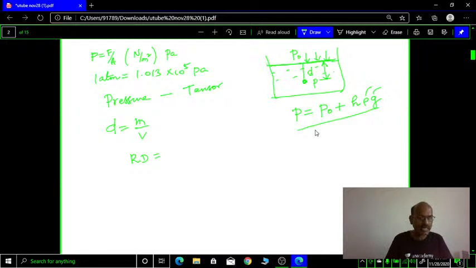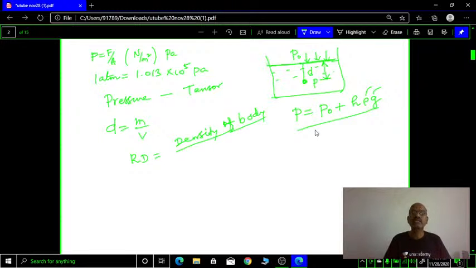Another name for relative density is specific gravity. Relative density or specific gravity is the ratio of the density of the substance to the density of water at 4 degrees Celsius.